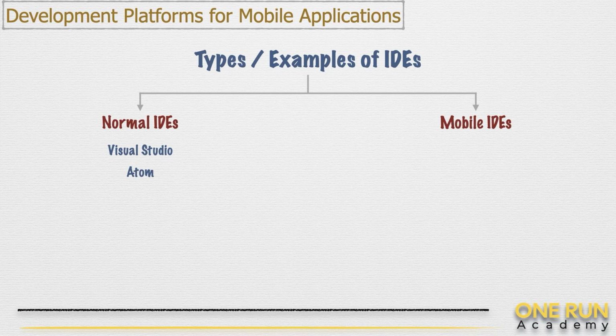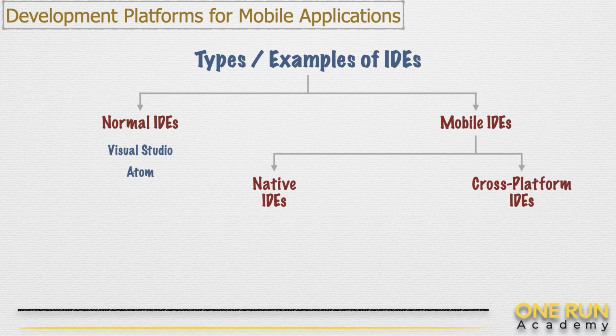Examples are Visual Studio and Atom. Then we have the mobile IDEs. These are the specialized IDEs used specifically for developing mobile applications, and let's break this category into two further types: native IDEs and cross-platform IDEs.